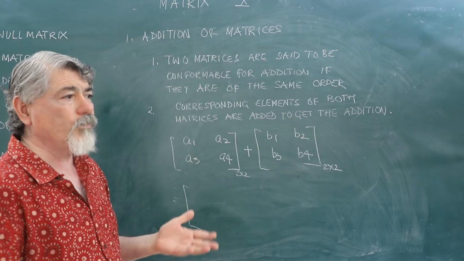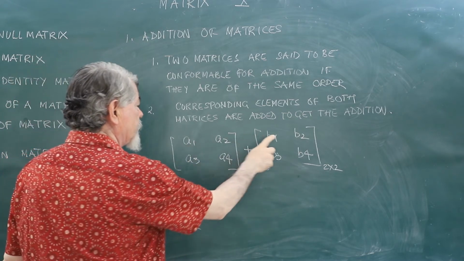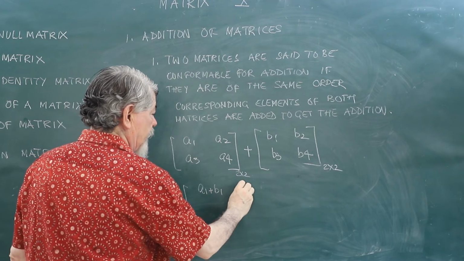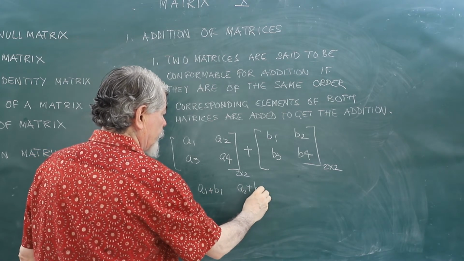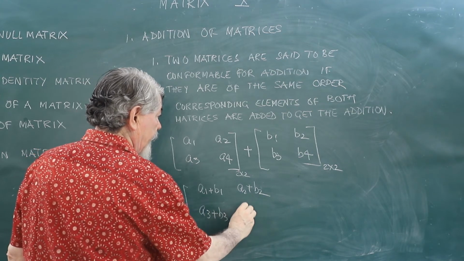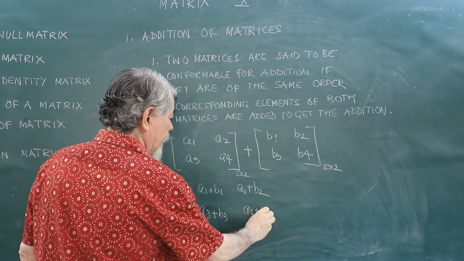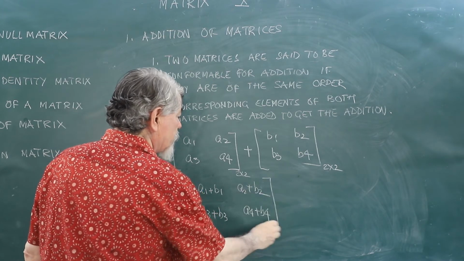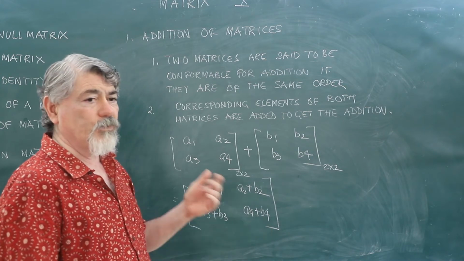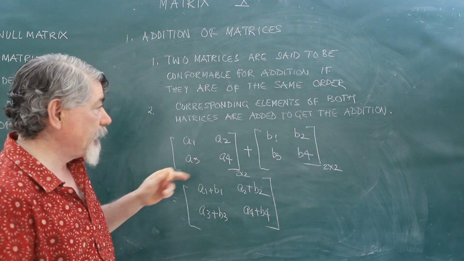Next was, how do we add them? We add the corresponding elements. A1 plus B1, A2 plus B2, A3 plus B3, A4 plus B4. We add the corresponding elements algebraically. Whatever the signs are there, those are included.